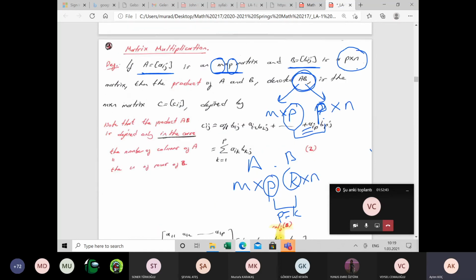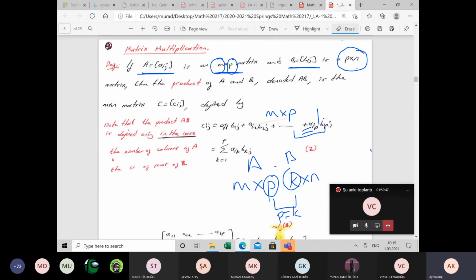So what does this multiplication give? It gives a new matrix, noted by C, for example. How to determine this matrix? First, you have to give the dimension.